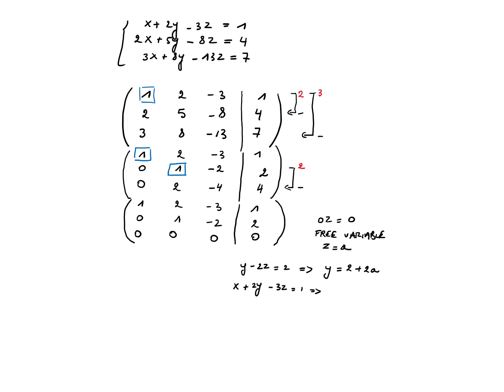So x is minus 2y plus 3z plus 1. And now I inject my z over here and my y over here. So I have minus 4 minus 4a plus 3a plus 1 is equal to, minus 3 minus a. Okay, and this is my x.